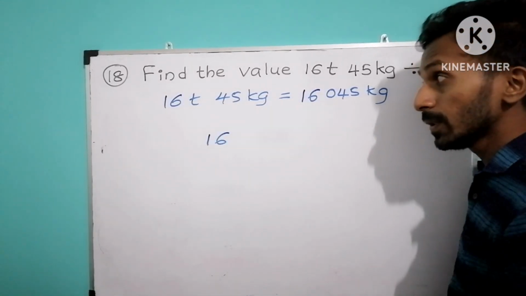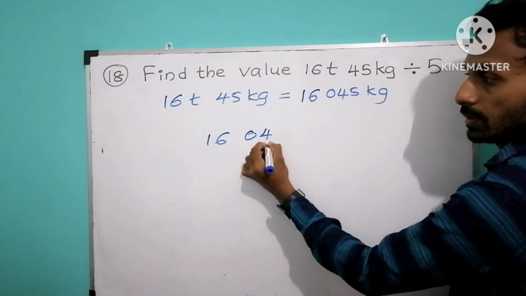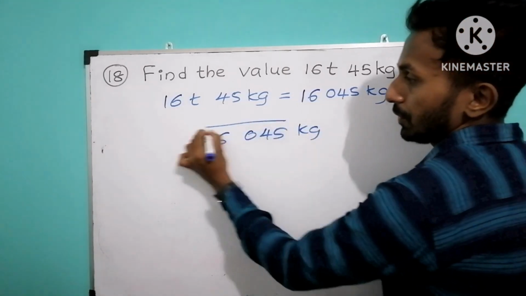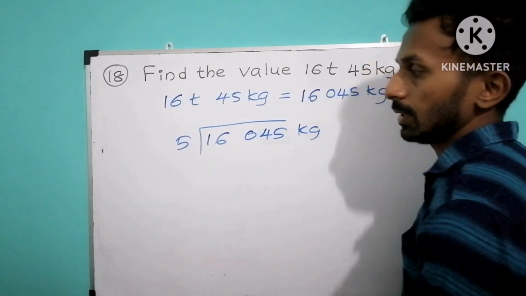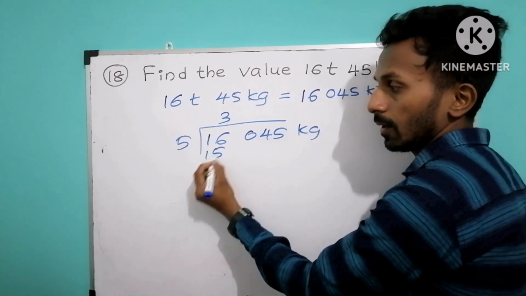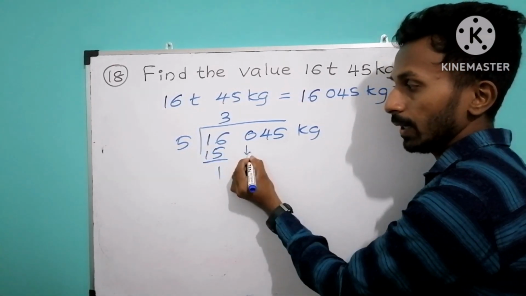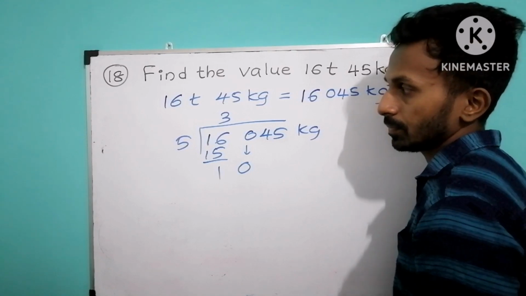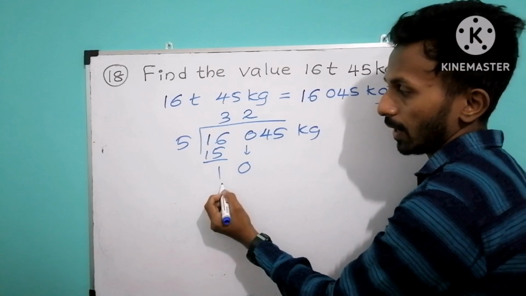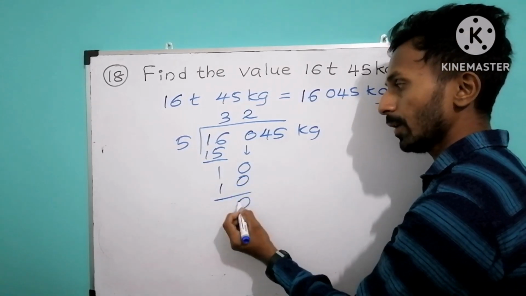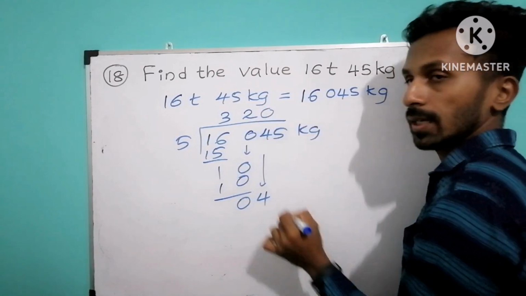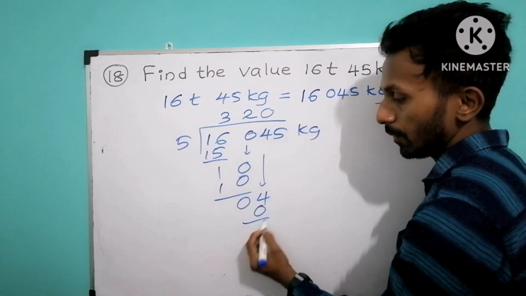Here I will use long division. 16,045 kilograms divided by 5. 16 has 3 fives. 3 times 5, 15. 1 remains. Get 0 here. 10 has 2. 2 times 5, 10. And 0. Get 4 here. 4 has no fives. 0 times 5, 0. 4 remains.